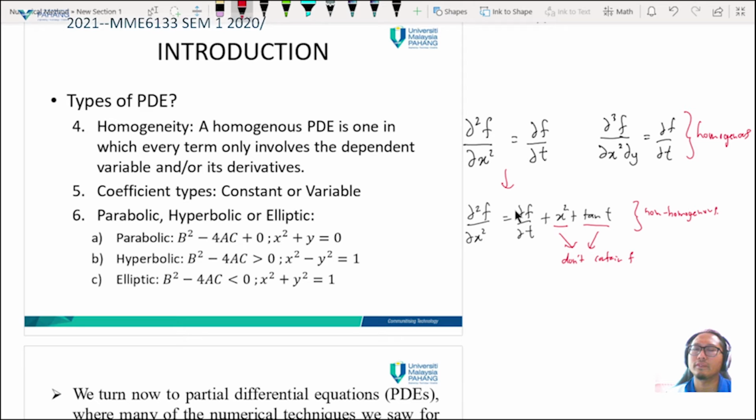Unlike the first one, where all terms have the dependent variable f, this one has two terms that only have x and t without the dependent variable. So this is a non-homogeneous PDE.